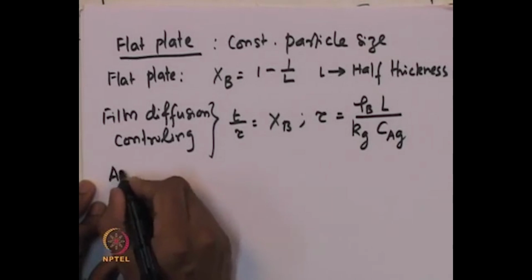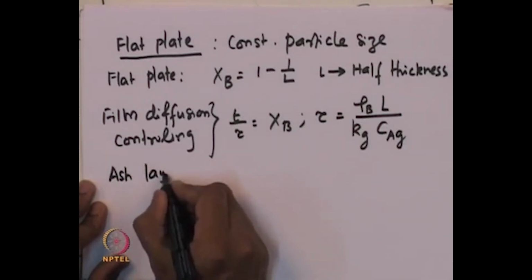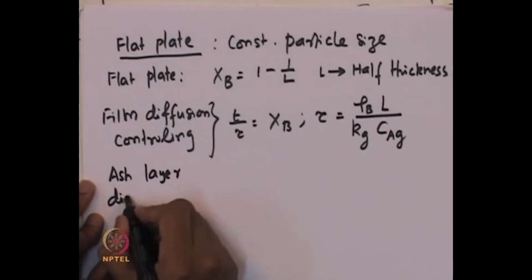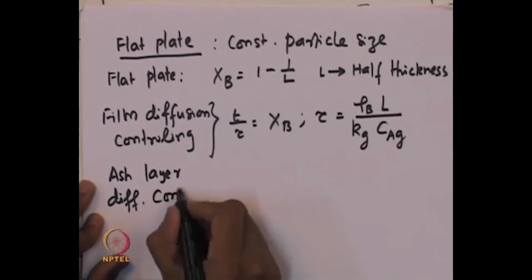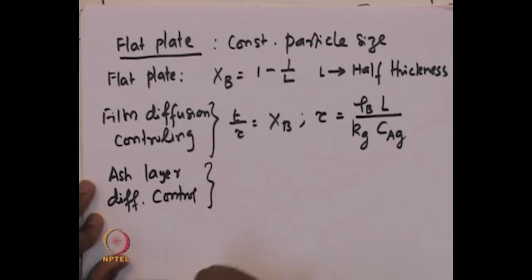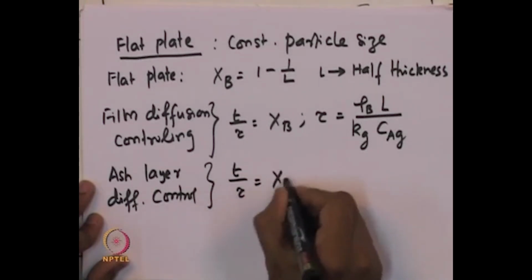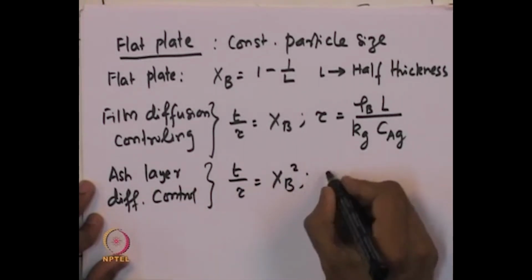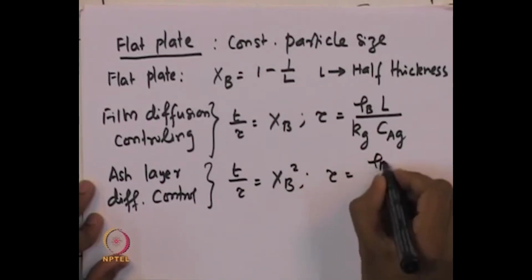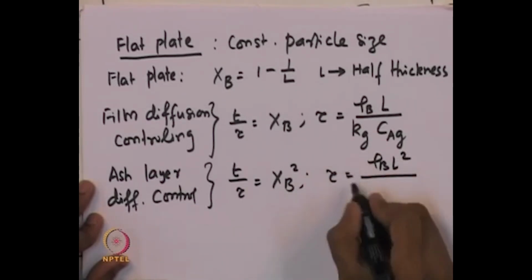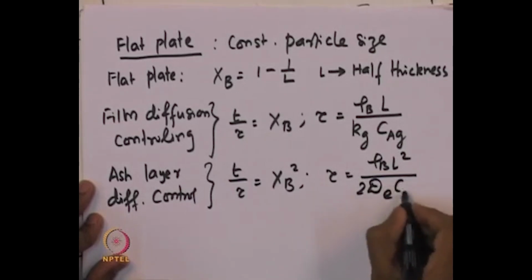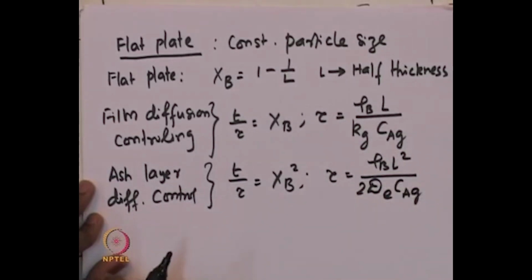If it is ash layer diffusion control, then t by tau is essentially given by Xp squared, where tau is given by rho b L squared divided by 2 times diffusivity times the concentration of the species in the gas phase.